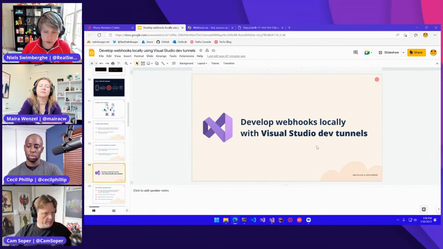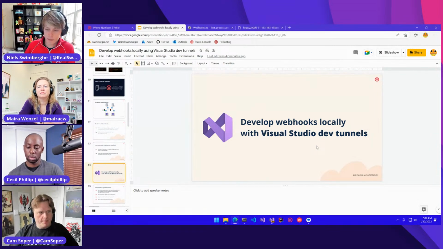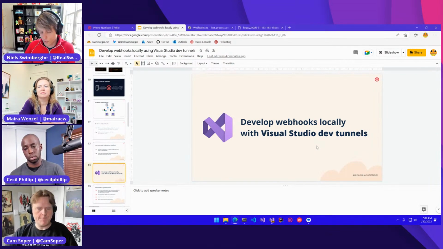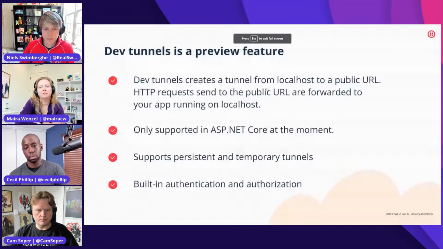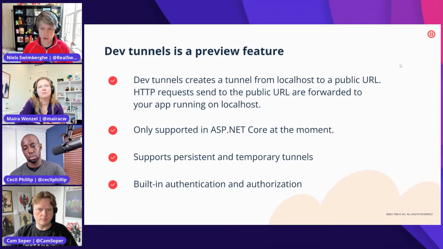So Visual Studio DevTunnels is a solution to that problem. DevTunnels will give you a public URL, and any HTTP request will be forwarded to your Visual Studio instance. A DevTunnel will forward that request to your localhost URL, but it's only supported on ASP.NET Core at the moment.